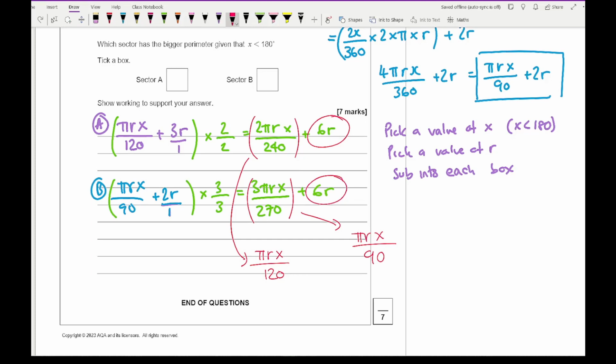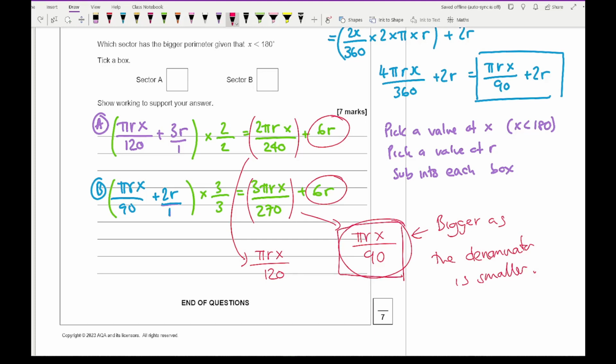Now this one is clearly going to be the bigger one, as the denominator is smaller. So if x and r are the same values in both fractions, then this fraction here is always going to be bigger because I'm dividing by a smaller number. So therefore, long story short, sector B is going to be the bigger of the perimeters.